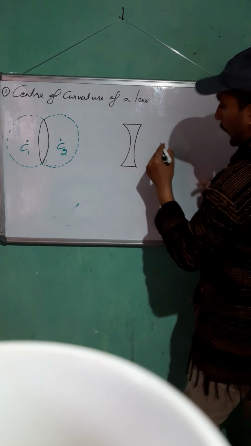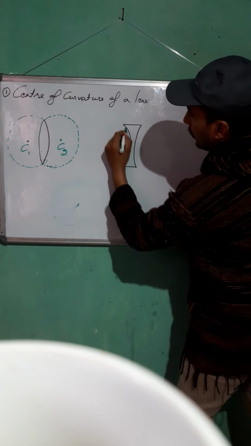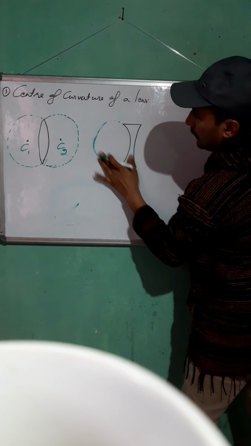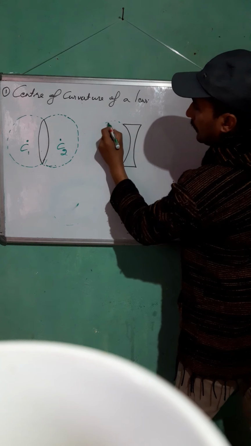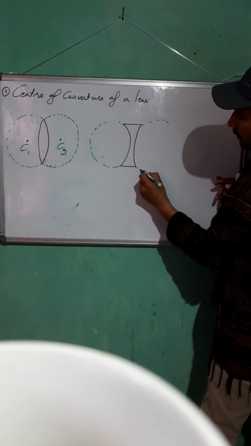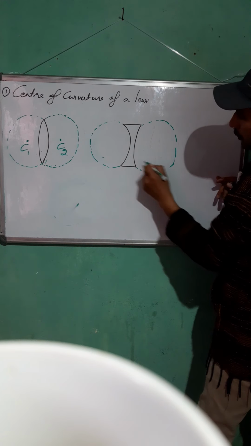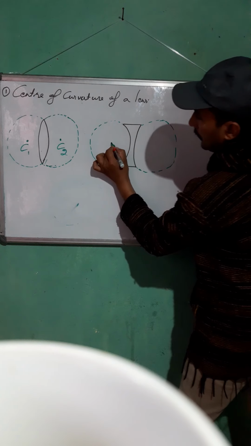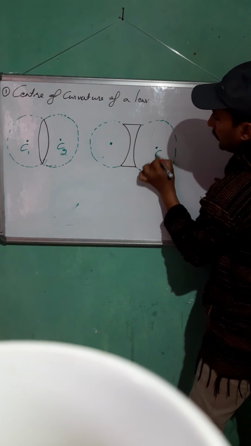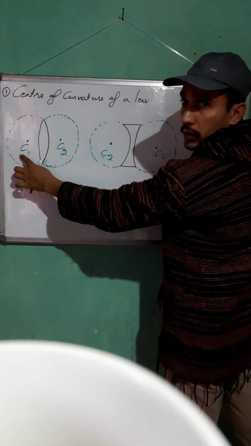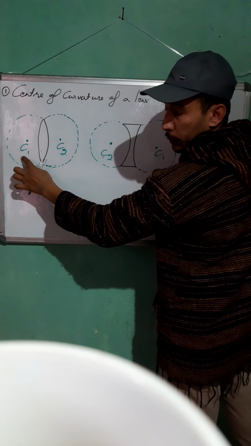If you complete this sphere, these two spheres will be of the same size. The center C1 will be this side and C2 will be this side. For convex, C1 will be on the left hand side.